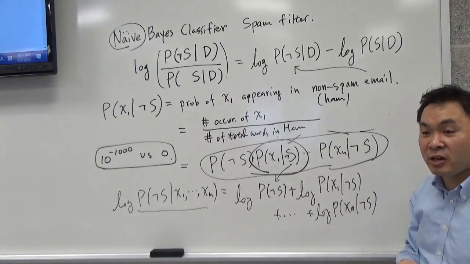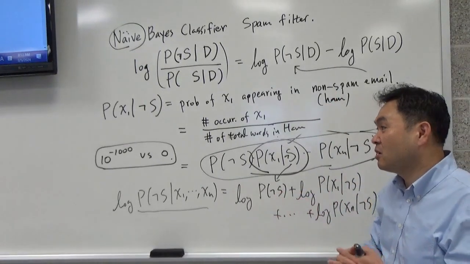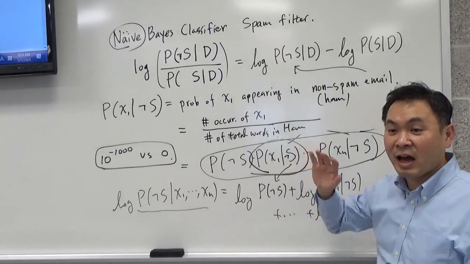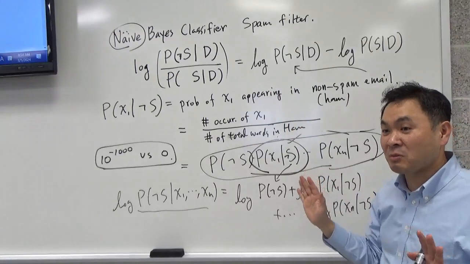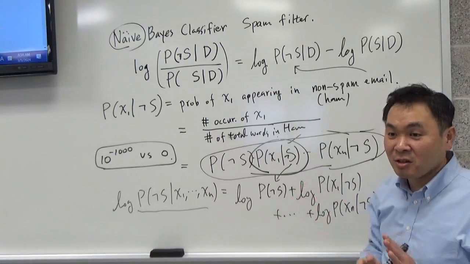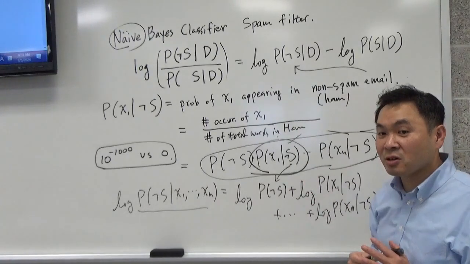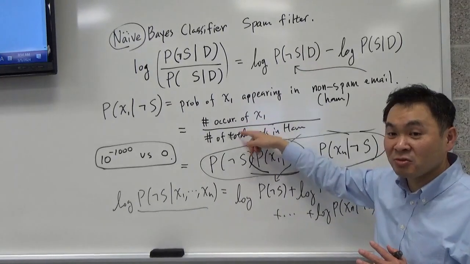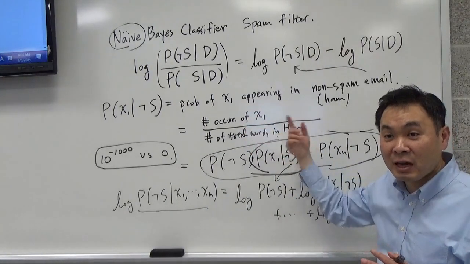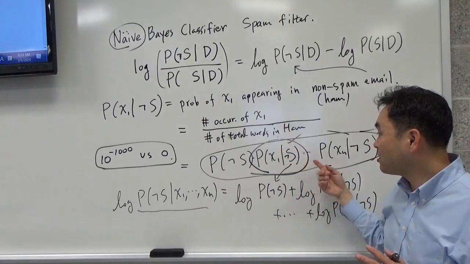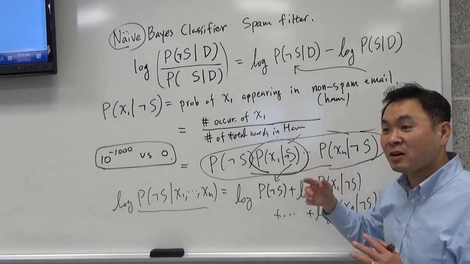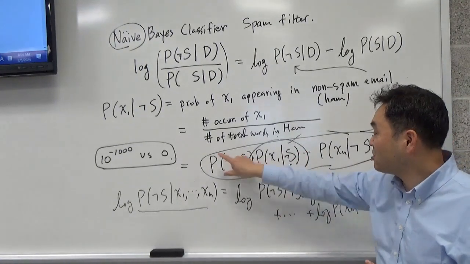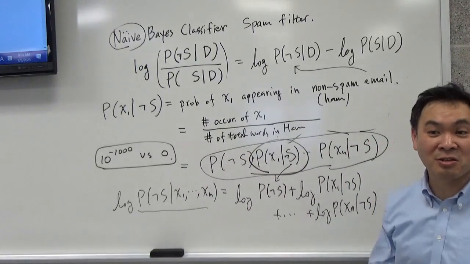So maybe in your training data set, for some reason, technology only appeared in the non-spam ones, and none of the spam emails had the word technology. Now that's going to cause a problem, because then you have a probability of 0 for the spam ones, and no matter what else is in the email, the moment you see the word technology, this is going to come out as 0, because 0 times anything is 0.